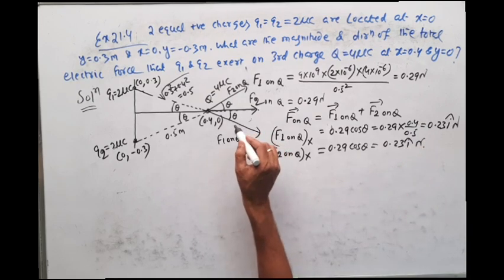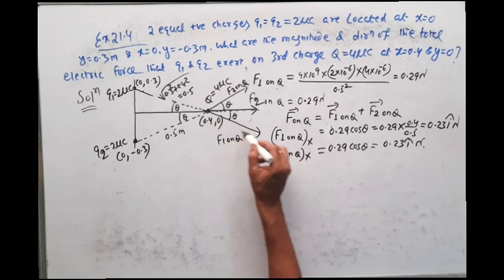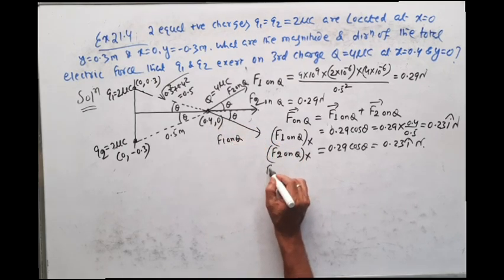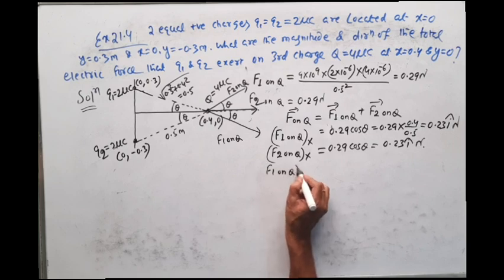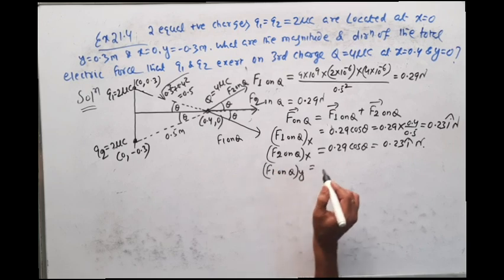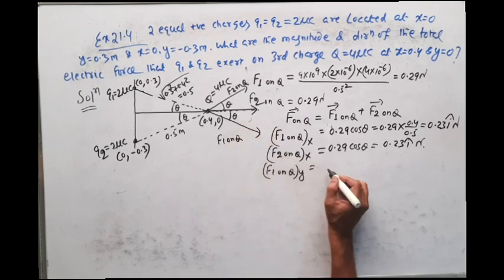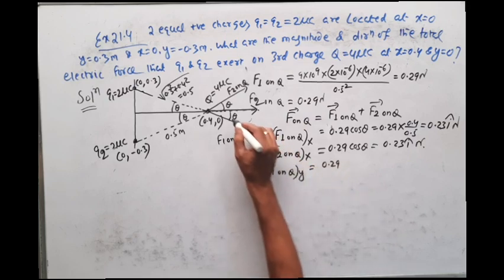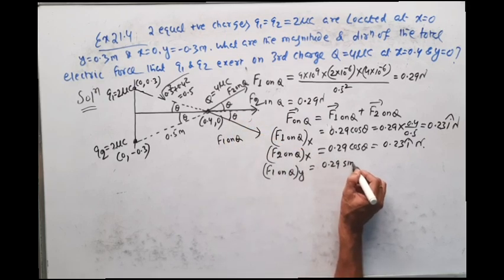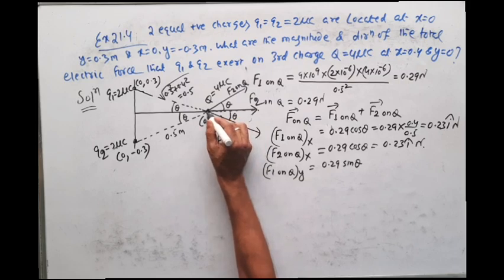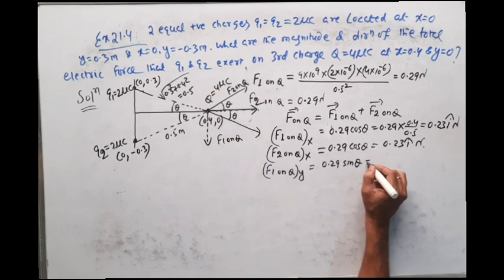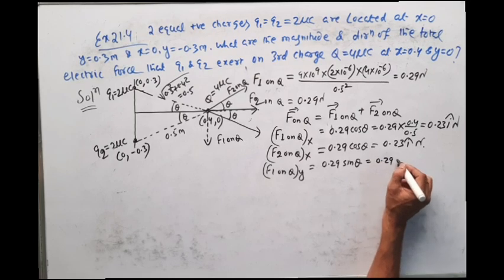Then you find out what is the y component of F1. So F1 y component is equal to, what is the value here? Force value 0.29 into sine theta. And this y component will lie along the negative direction. So I can say it is 0.29 sine theta.